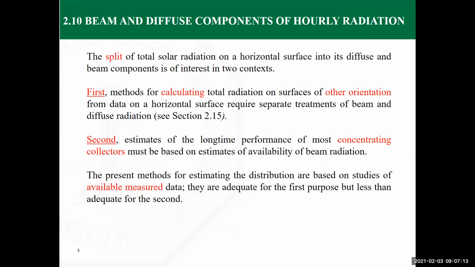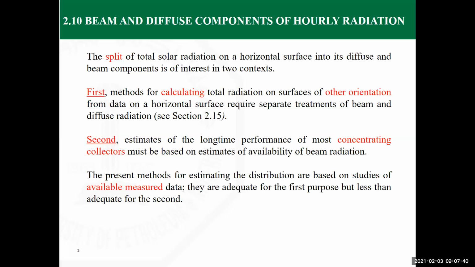The split of the solar radiation on a horizontal surface into diffuse and beam components is of interest to us for different kinds of applications. The method of calculating the total radiation for different orientations on a horizontal surface needs separate treatment of beam and diffuse radiation.